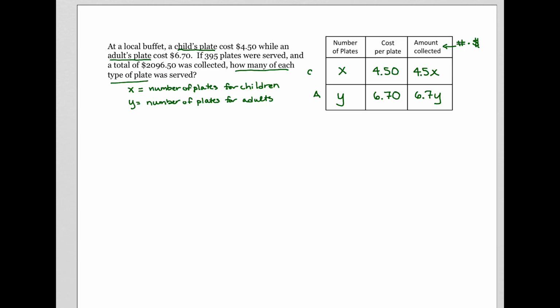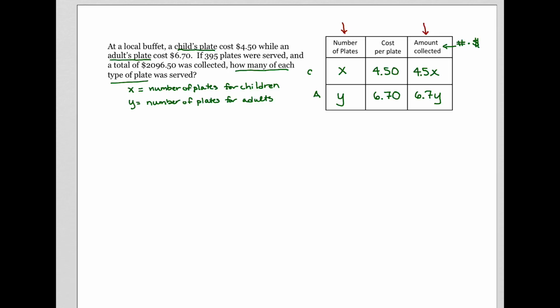Wonderful. So now that we have the information organized in a chart, I want to write two equations. And our equations always come, well, not always, but often come from this information here in the first column, and then the information here in the third column. So we need a little more information in that first column before we can write an equation. What do we know about the number of plates?